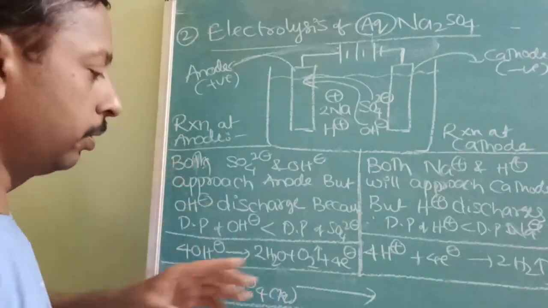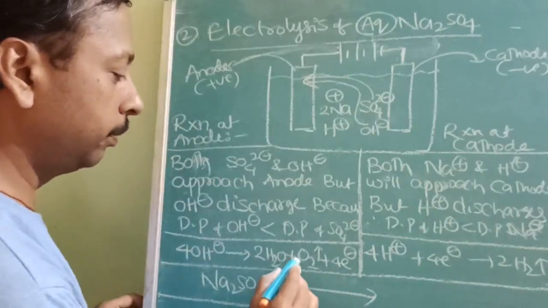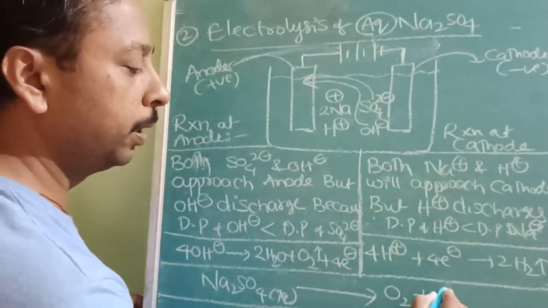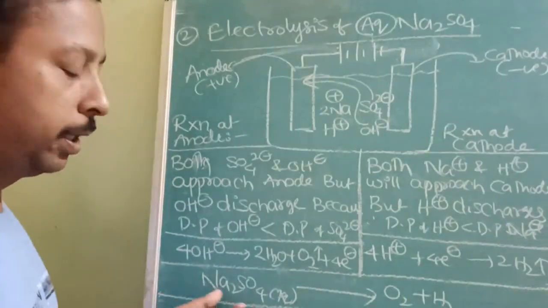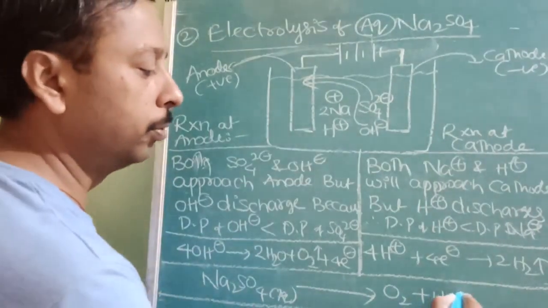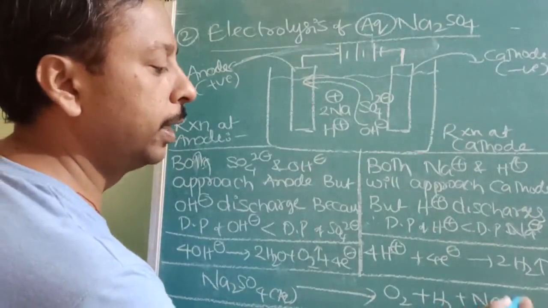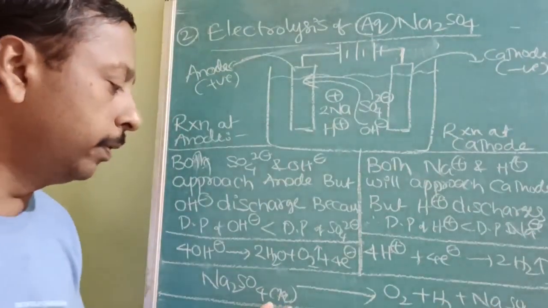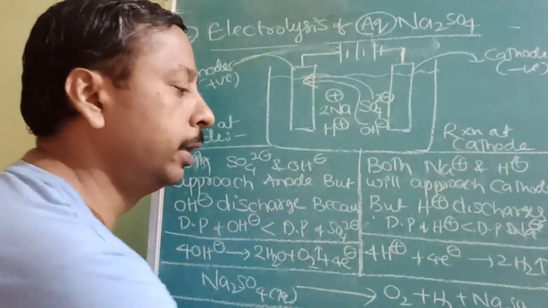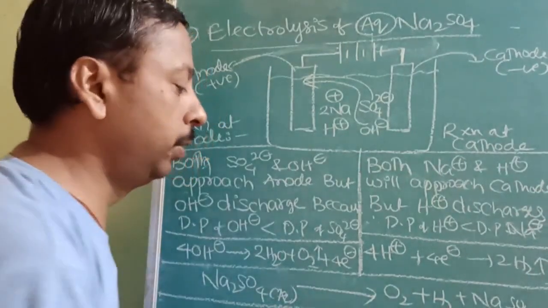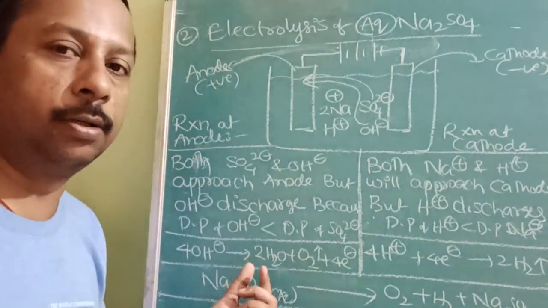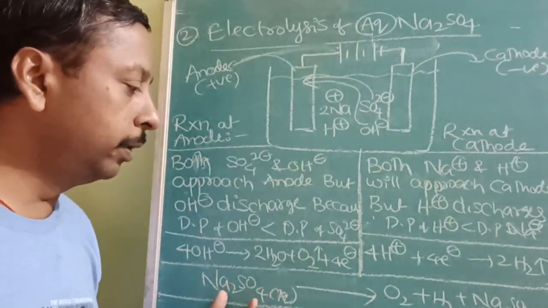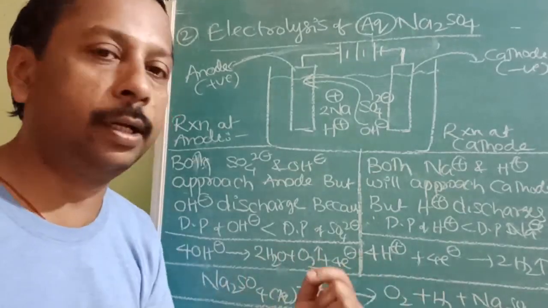After doing the electrolysis, what will it form? See, at this place O2 is liberated, at this place H2 is liberated. Is there any harm to Na2SO4? No. So Na2SO4 is as it is. But what is the problem? Here the aqueous solution is converted into concentrated. This is also aqueous only, because some water molecules are there. So the sodium sulfate will convert from dilute to concentrated.